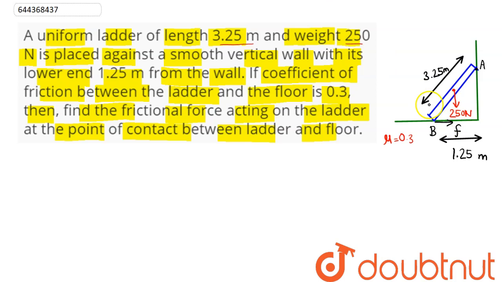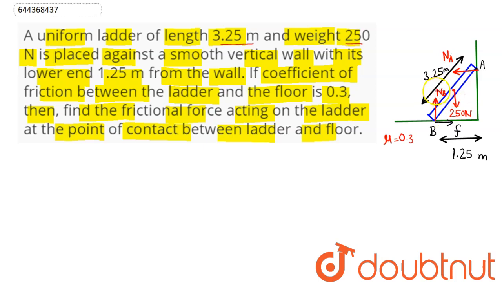Now the forces acting will be drawn here as normal reaction NB upwards, and normal reaction NA towards the left direction. So this here is our normal reaction NA, and this here is our normal reaction NB.